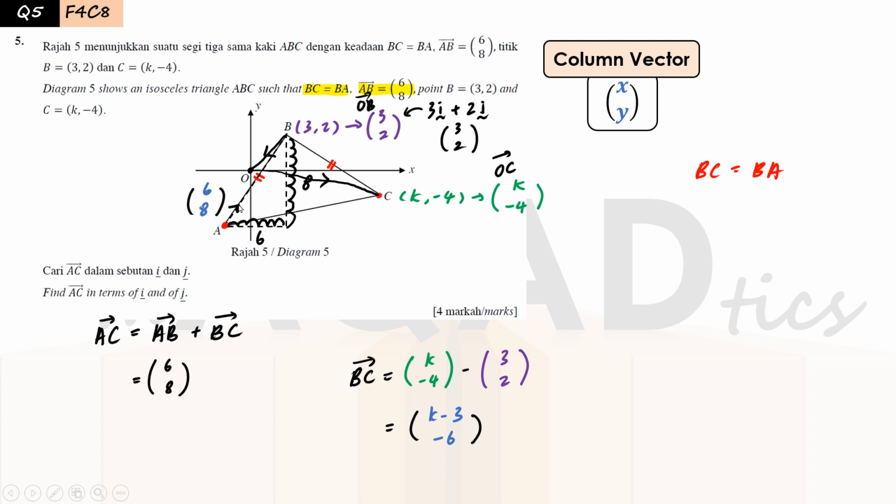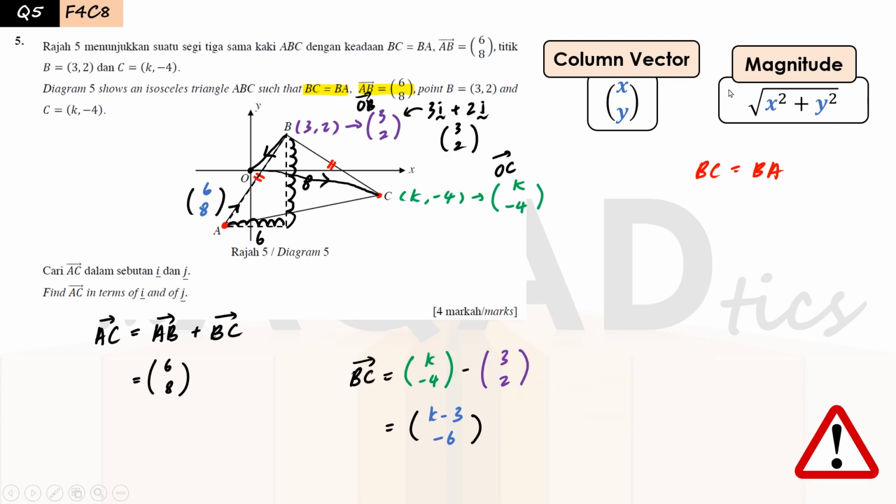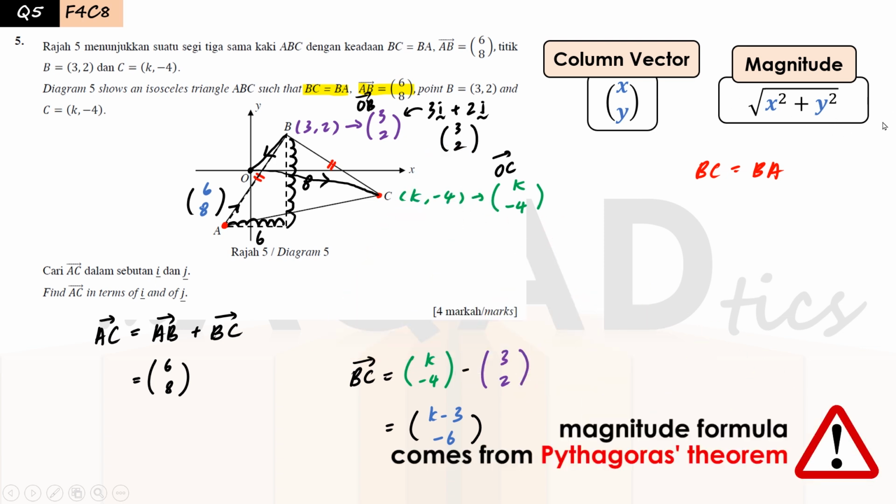So since we have the vectors of these two lines already, we can use the vector way to find the length, which is also known as magnitude. And using this formula, very simple, we are just going to use the values in the column vector and substitute into this formula.